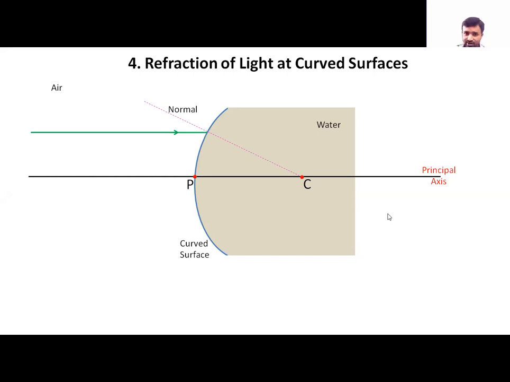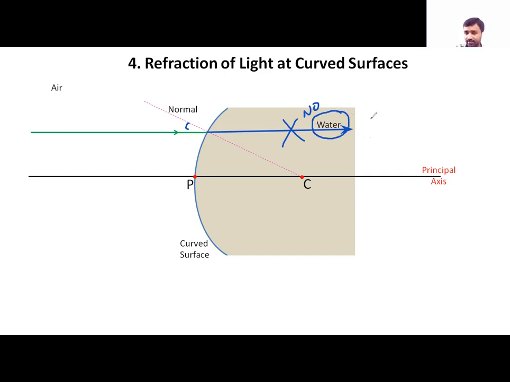So what happens when it enters into the denser medium? Will it remain in the same direction like this? Say yes or no. Will it go straight? No. Why? Because it has changed its medium.